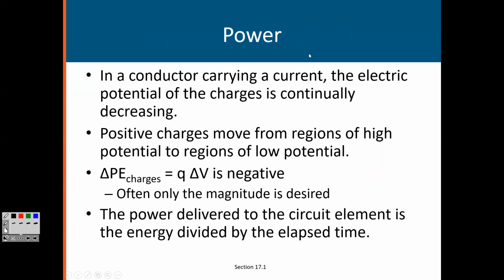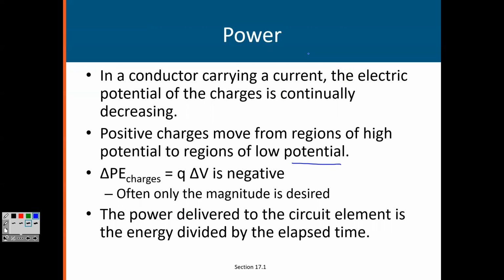Positive charges move from high potential to a region of low potential, and lose energy; potential energy decreases. On the other hand, negative charges flow from low potential to high potential, but still move to a lower potential energy. So you should know the difference. I'm calling potential and potential energy two different things.